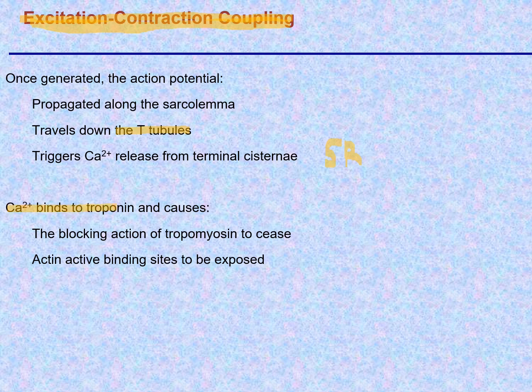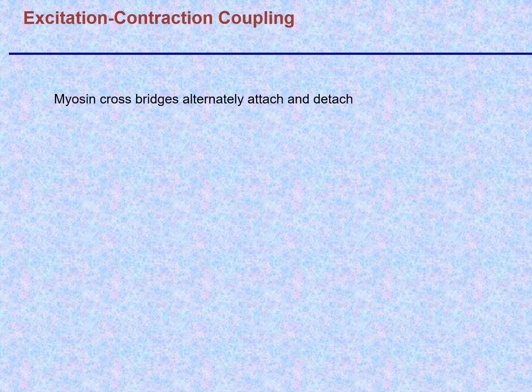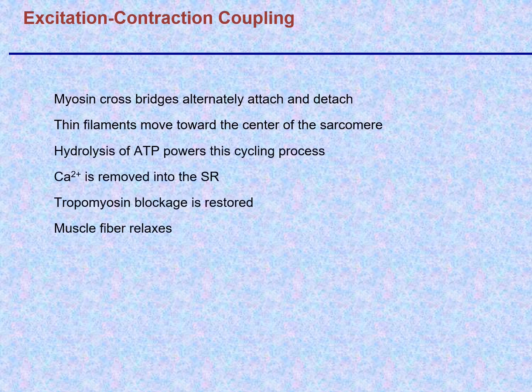Calcium will bind to troponin, causing the blocking action of tropomyosin to stop, and the actin binding sites get exposed. So with exposure of that, you get myosin cross-bridging from the thick filaments. They attach, then they detach, things slide along, and the thick and thin filaments slide past each other.